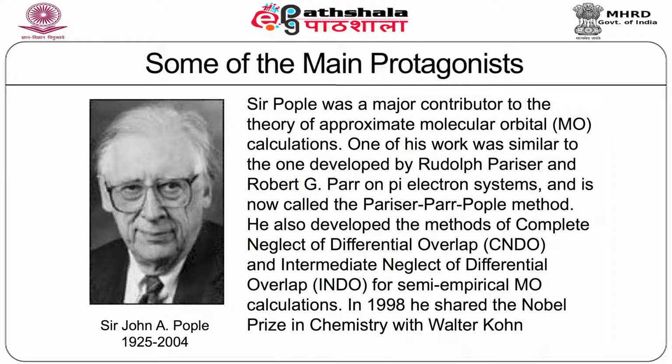He also developed the methods of complete neglect of differential overlap, or the CNDO method, and the intermediate neglect of differential overlap, the INDO method, for semi-empirical molecular orbital calculations. In 1998, he shared the Nobel Prize in Chemistry with Sir Walter Kohn.